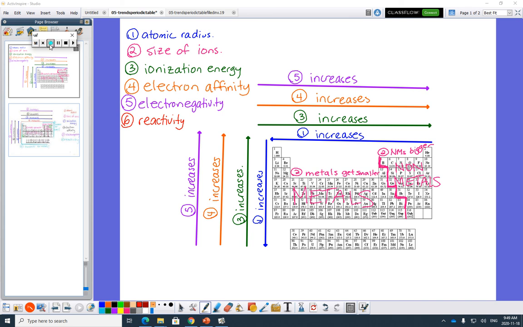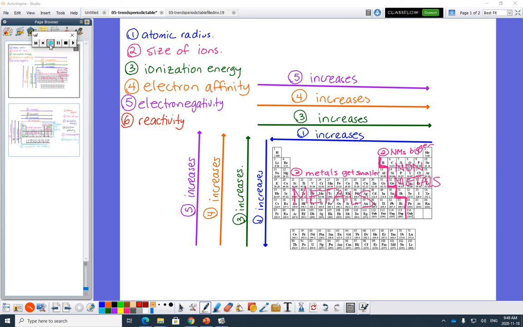So this column and this column, in terms of reactivity, can sort of be thought of in the same way, right? They need to lose or gain the same number of electrons. So when you do reactivity, you'll either compare metals or compare nonmetals, okay? So we're going to draw some wacky arrows.